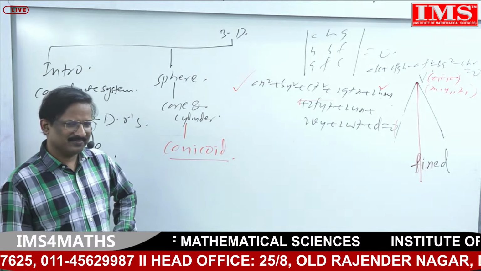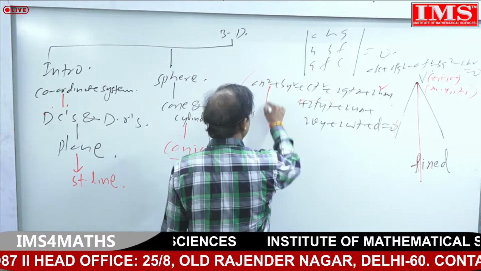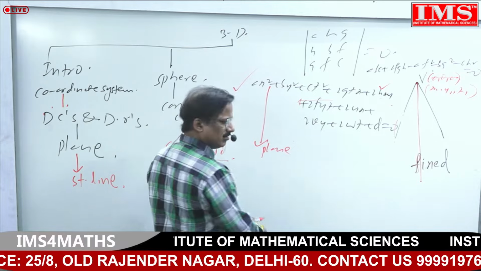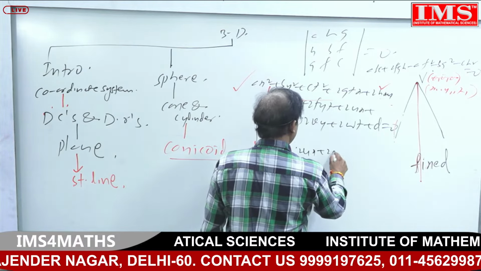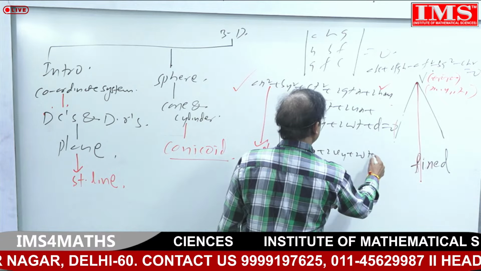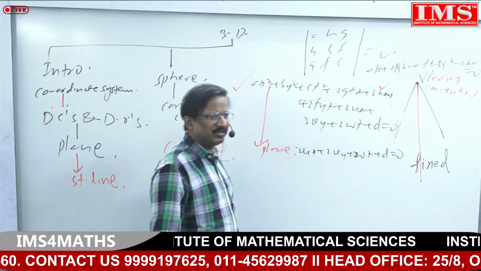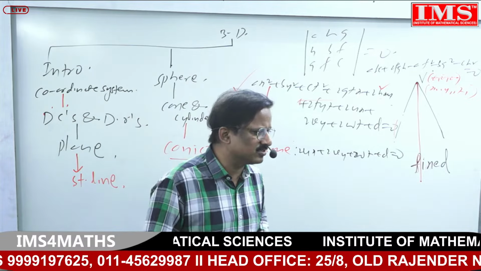Next point. I can create a sample from this. Do you get a plane or not? I'll get 2ux plus 2vy plus 2wz plus d equal to 0. Will it be a plane or not? Your a, b, c, f, g, h will be considered as zeros.